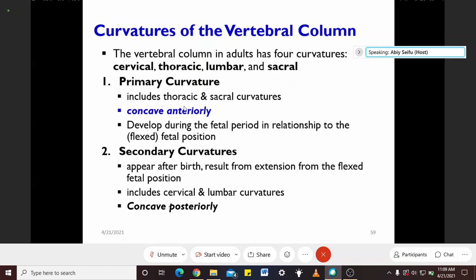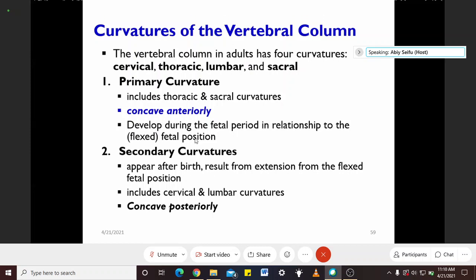Those primary curvatures are concave anteriorly and are found in the thoracic and sacral regions. Whereas the secondary curvature, which develops after birth, is found in the cervical and lumbar regions and is concave posteriorly. Mind you, it develops after birth.